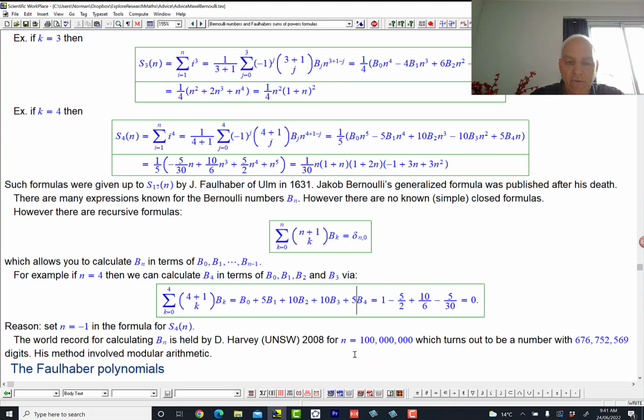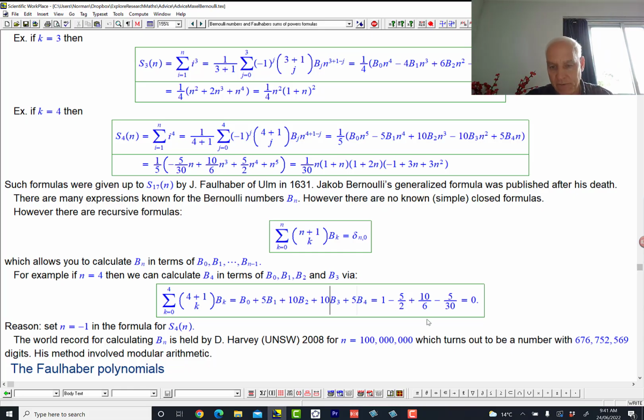The series we're using is the sum k equals 0 to 4 of (4+1 choose k) B_k. So that's B_0 plus 5B_1 plus 10B_2 plus 10B_3 plus 5B_4 equals 0. And so if you know B_0, B_1, B_2, and B_3, then you can calculate B_4 from it.